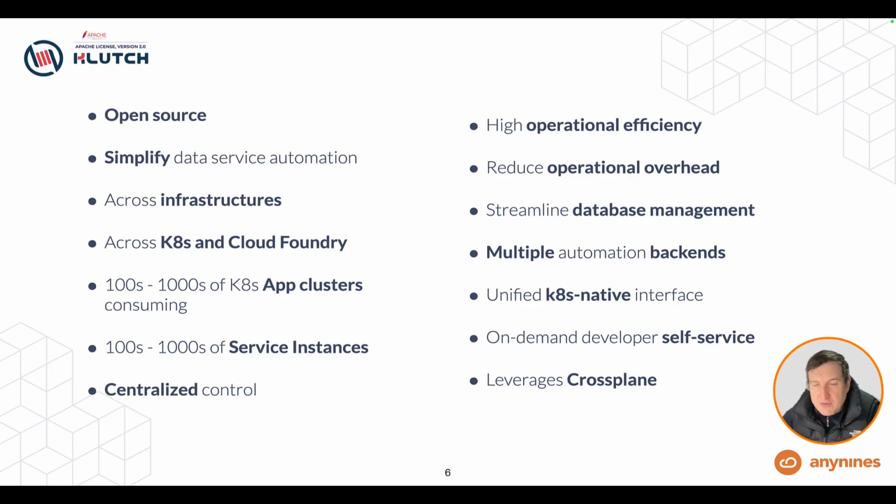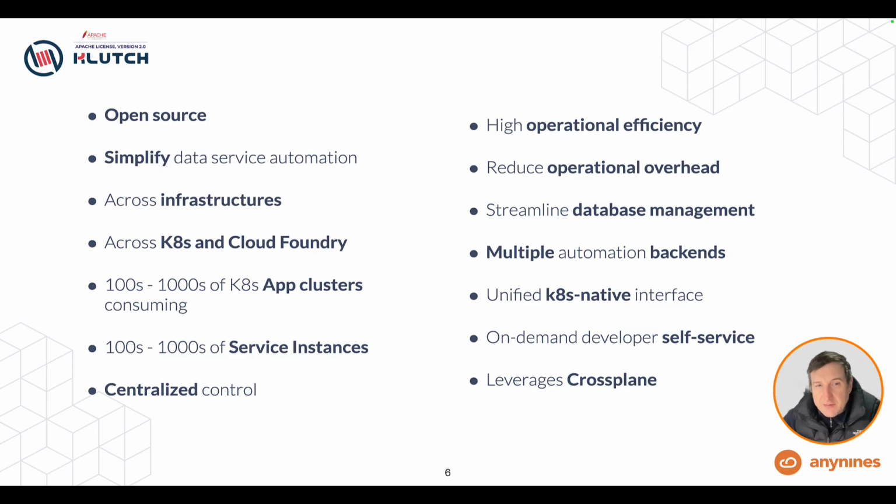It provides central control, pretty much like a cloud controller would in your Cloud Foundry environment, but beyond the limitations of Cloud Foundry. It aims to provide similar operational efficiencies as you would know from your Cloud Foundry environment. So it reduces operational overhead, and it supports the integration of arbitrary automation backends.